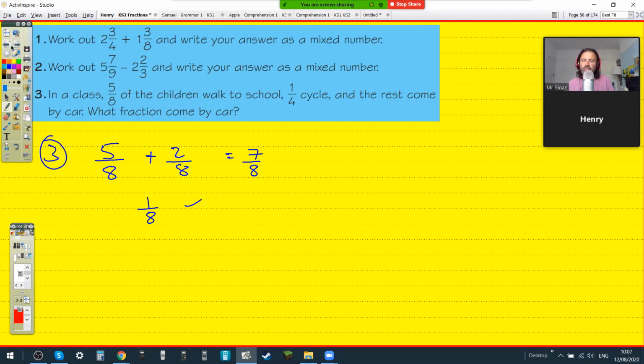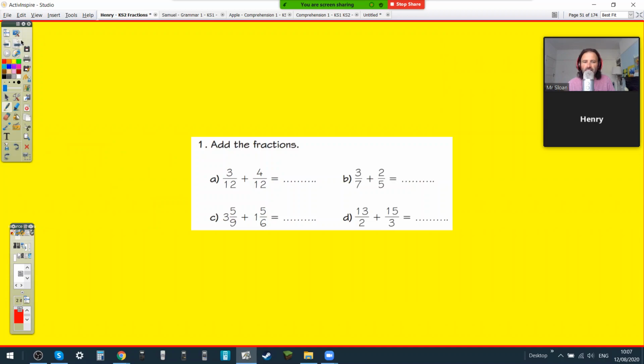So I knew that 8 minus 7 is 1. So only 1/8 remained, and 7/8 plus 1/8 is 8/8, which is a whole class. The numbers were easier, I was just checking that you would know you have to add those and then subtract.